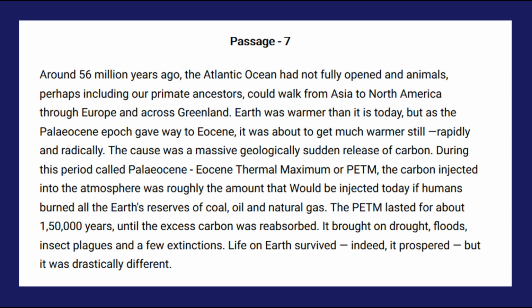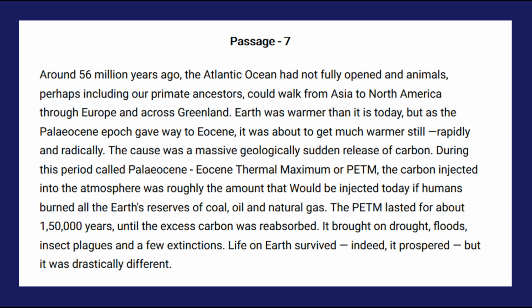During this period called Paleocene-Eocene thermal maximum or PETM, the carbon injected into the atmosphere was roughly the amount that would be injected today if humans burned all the Earth's reserves of coal, oil, and natural gas.